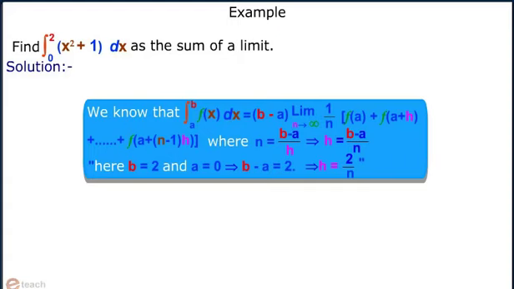Here b is given to be equal to 2 and a equals 0. So b minus a equals 2 and h is equal to 2 by n.